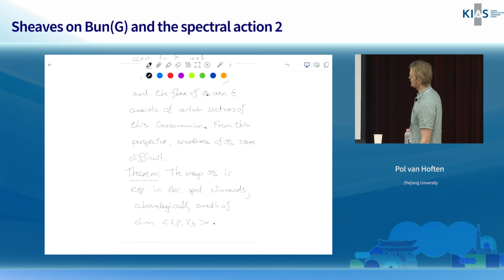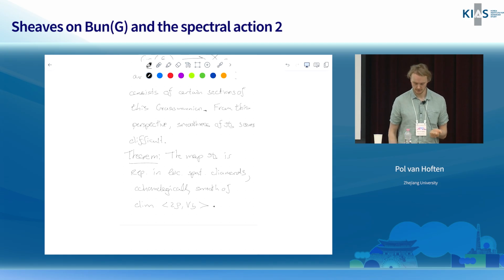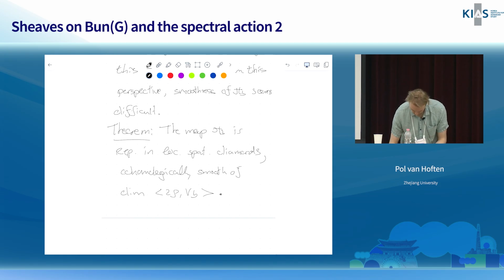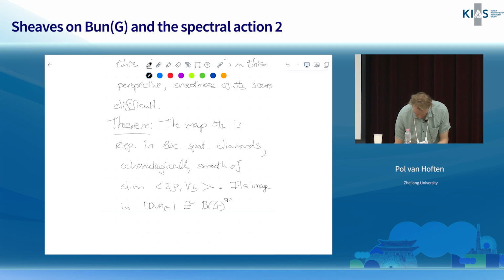And there's a nice fact that cohomologically smooth maps are open. So its image is open. So its image in this topological space, Bun G, which is homeomorphic to this Kottwitz set, maybe opposite, is open.